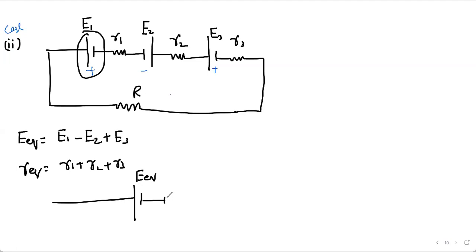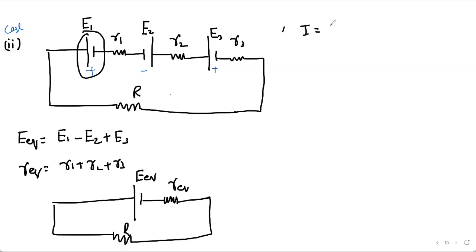You always take higher EMF as positive. This is R equivalent. The cell having greater value of EMF will be considered as positive. Then you can get the value of current. Current is like other cases: E equivalent divided by r equivalent plus capital R.